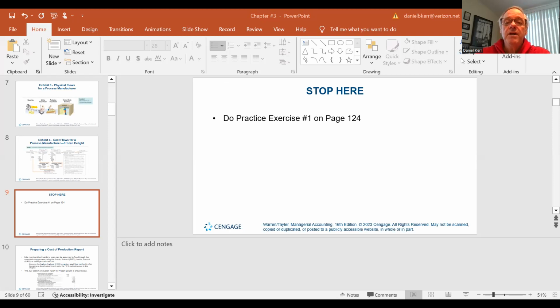So pause the tape here. This is on page 124. So pause, and then let's take a look at these. Take a couple of minutes to go through each of these. And the question is, is it job order costing or is it process? So take your pause, and we will resume.